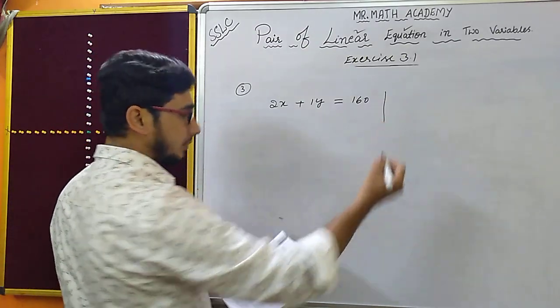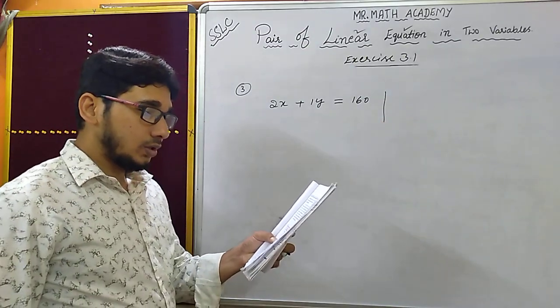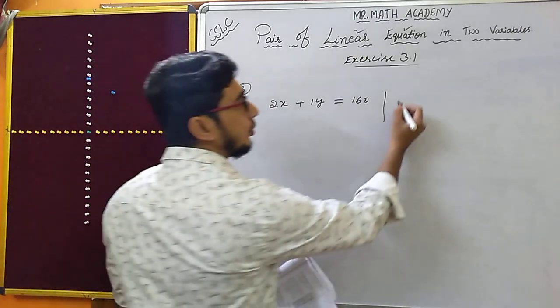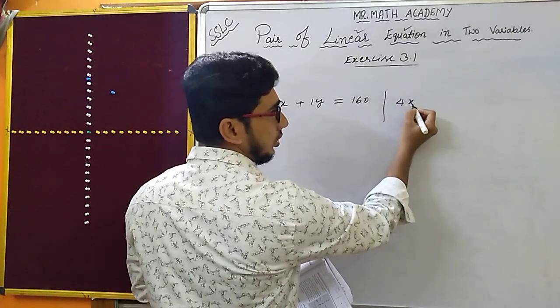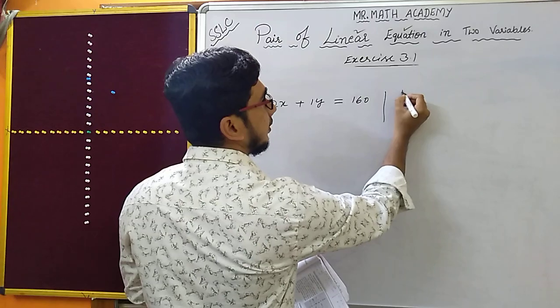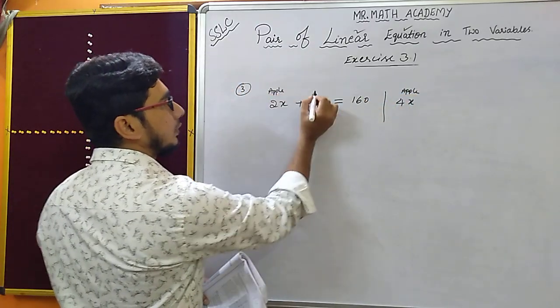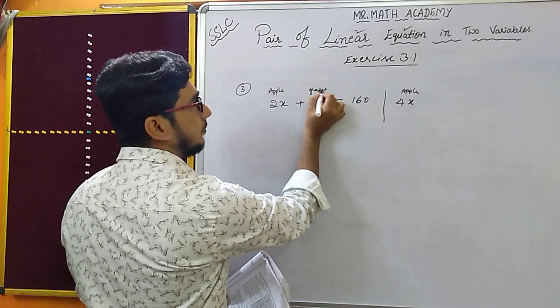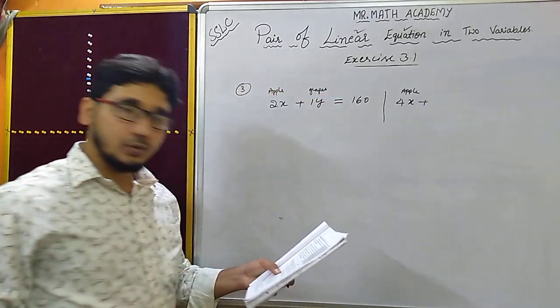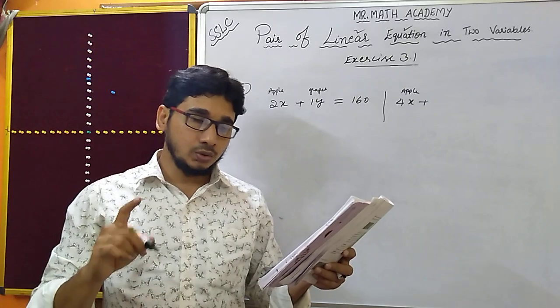Another equation is the cost of 4 kg of apples plus 2 kg of grapes.